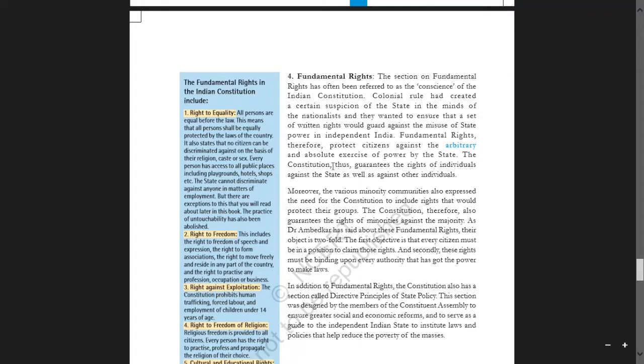The Constitution thus grants the rights of individuals against the state as well as against other individuals. The Constitution in this way grants rights to every individual against the state as well as against other individuals.